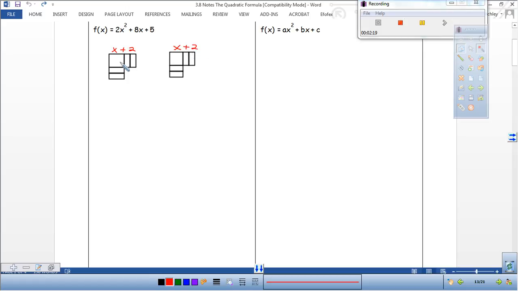I had to divide it amongst the 2x squareds and then by the 2 sides. So I divide by 2 twice.